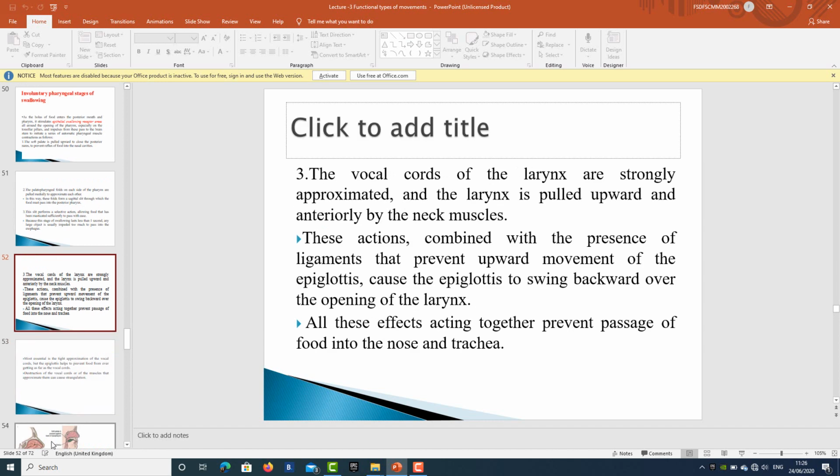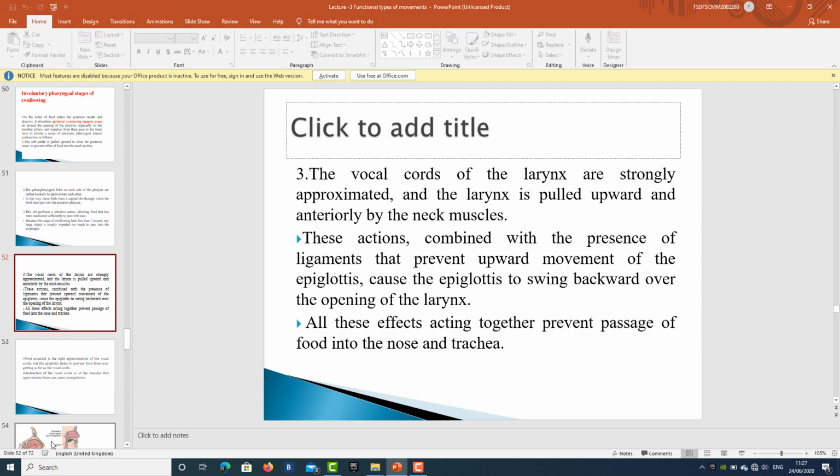The vocal cords of the larynx are strongly approximated, and the larynx is pulled upward and anteriorly by the neck muscles. These actions, combined with the presence of ligaments that prevent upward movement of the epiglottis, cause the epiglottis to swing backward over the opening of the larynx.